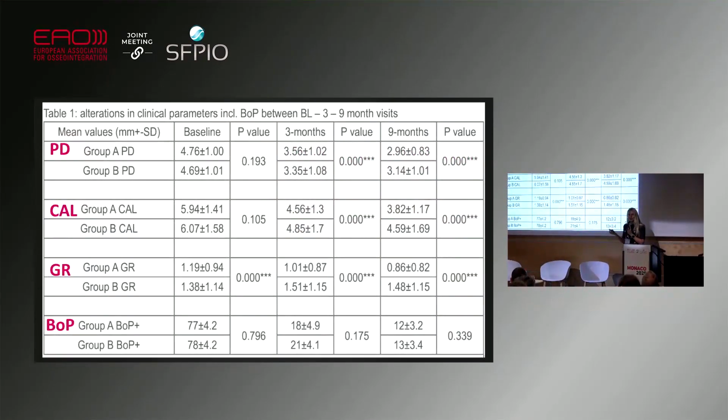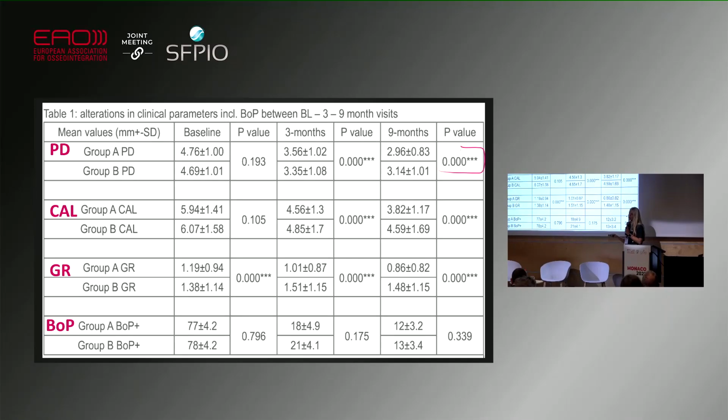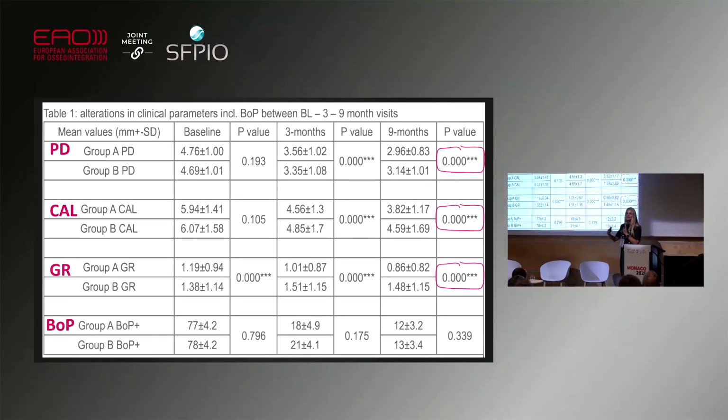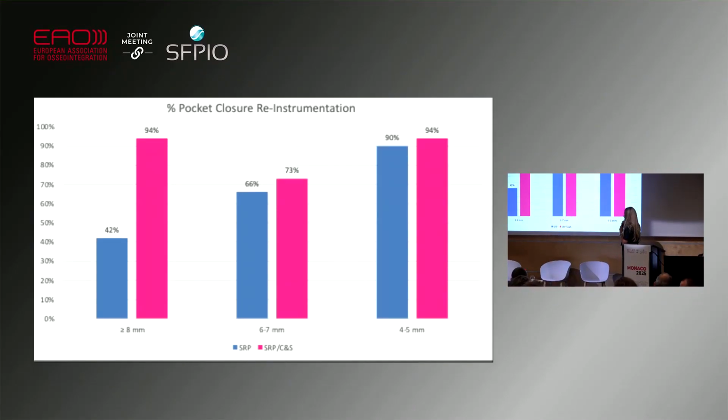They followed the patients for 9 months, and they found out that after 9 months, the probing depth reduction, clinical attachment level, and gingival recessions were significantly better in favor of the CLEAN&SEAL group. And again, they observed the same pattern, the continuous improvements in clinical parameters between the time points, even though no treatment was performed.